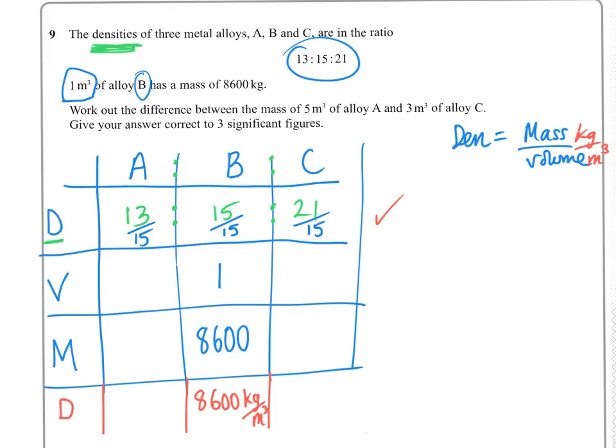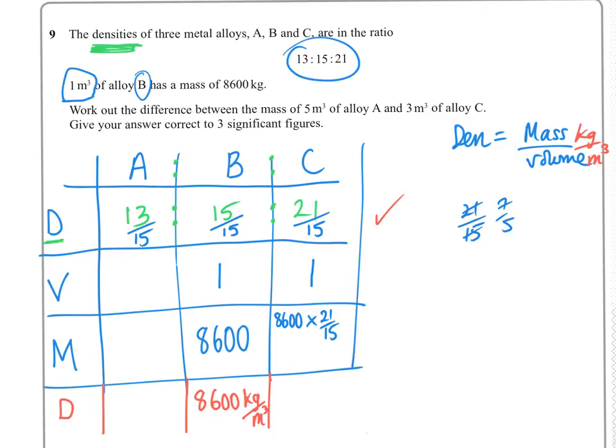And then if I wanted to find the density for the volume of 1 meter cube of alloy C, for example, I would just do 8,600 times 21/15. Now 21/15 cancels down, you don't really have to, but that's 7/5.